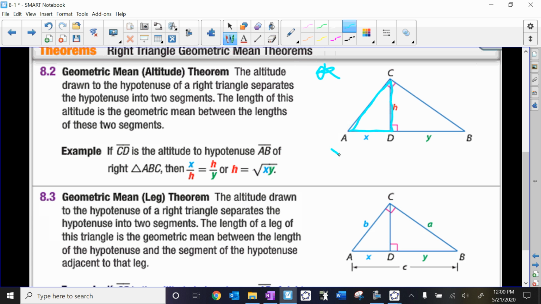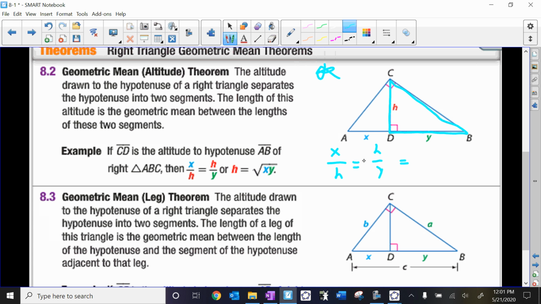So I'm going to go small leg over the big leg is equal to, since that triangle is also similar to this triangle, I should be able to create a proportion. Now it looks like h is the smaller one in comparison to y. So we would go h over y.